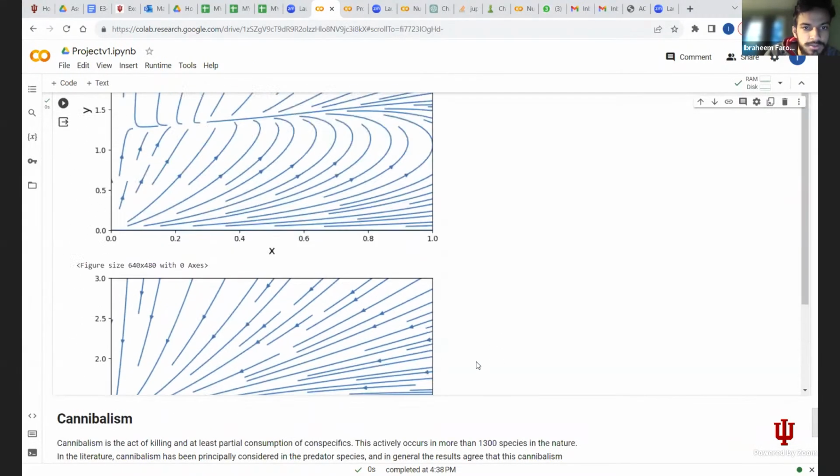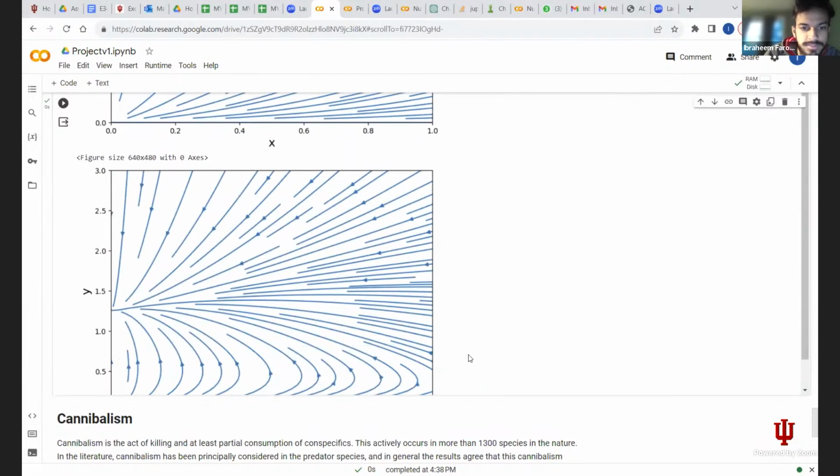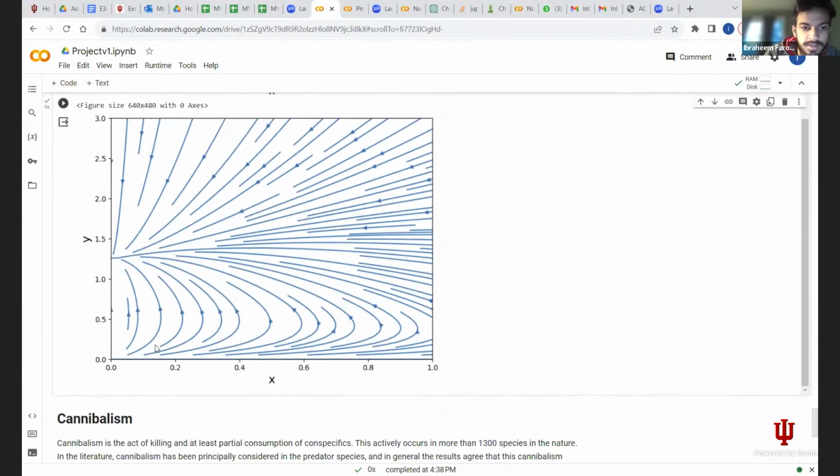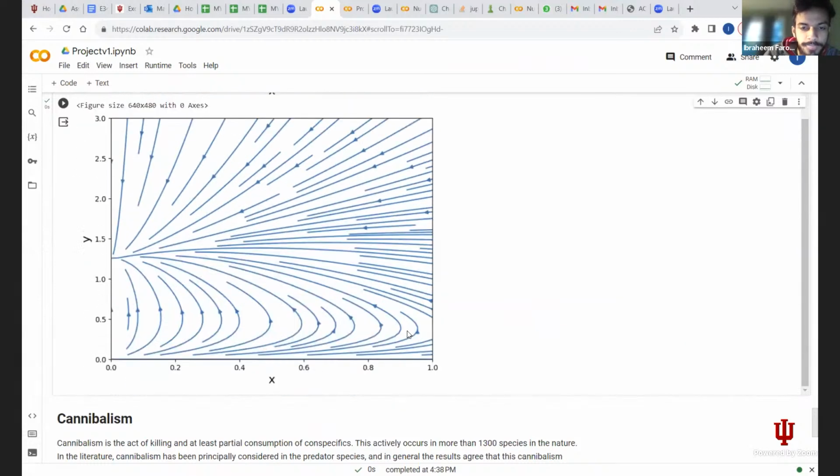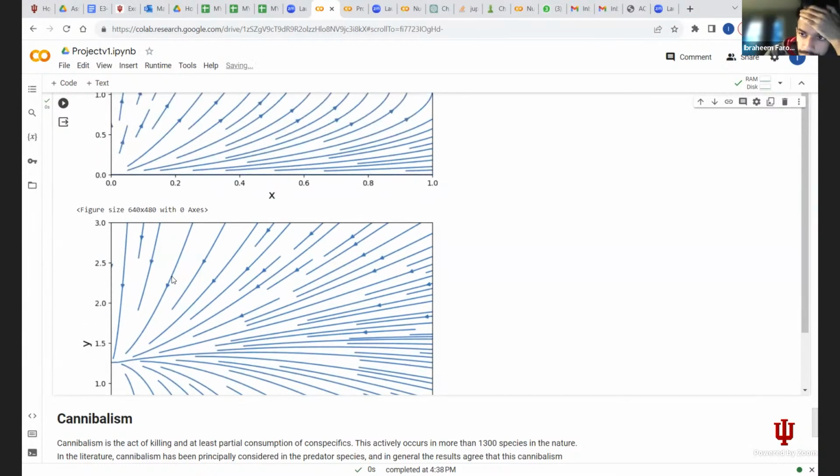Yeah, so here, if the prey are more scared, there's an exaggerated version of this where it more rapidly approaches the predator extinction. And this makes sense because if the prey are more actively avoiding the predators, it will take less time for the predators to go extinct.